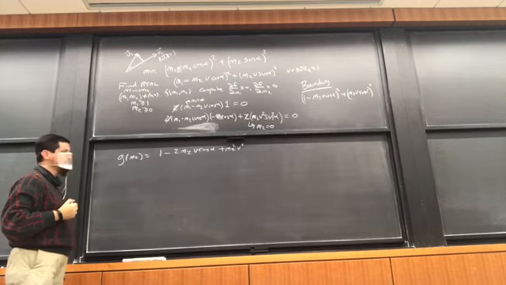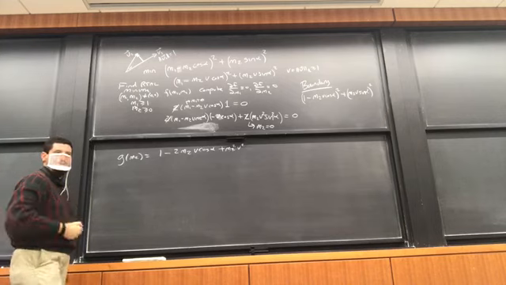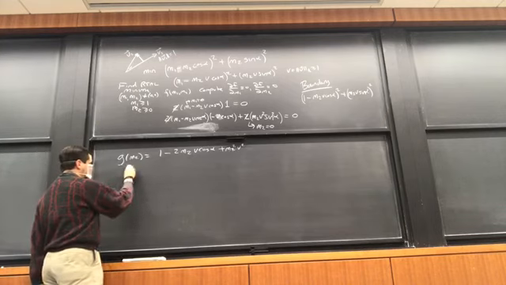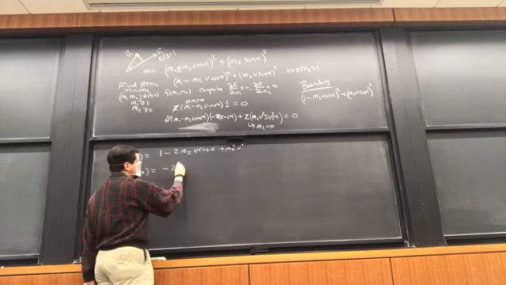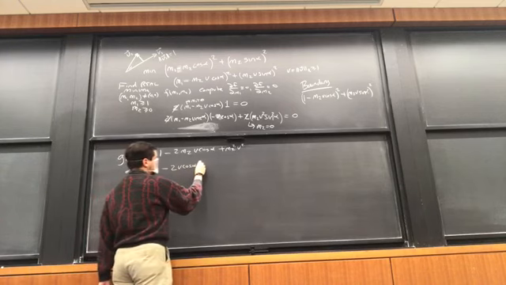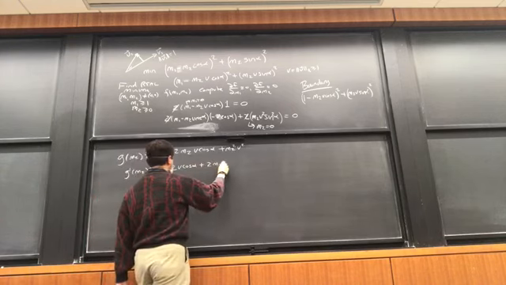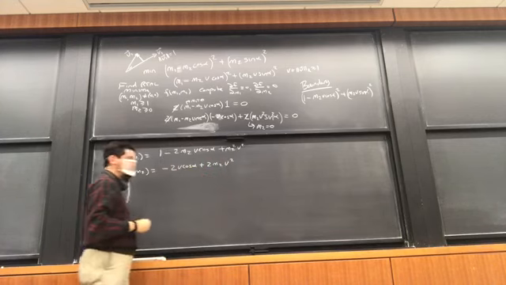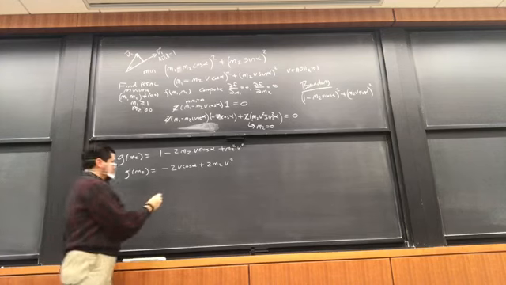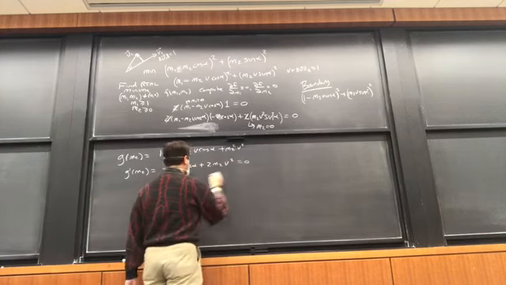All right, how do we handle this? Derivative. So g prime of m2 is going to just be minus 2v cosine alpha plus 2 m2 v squared. And so we want that to be 0.